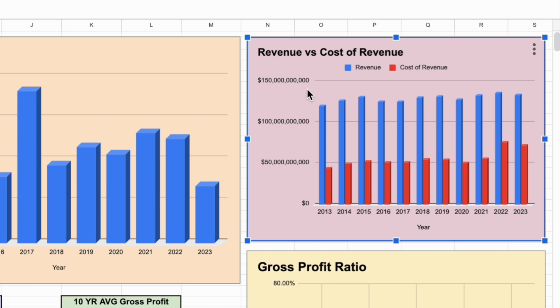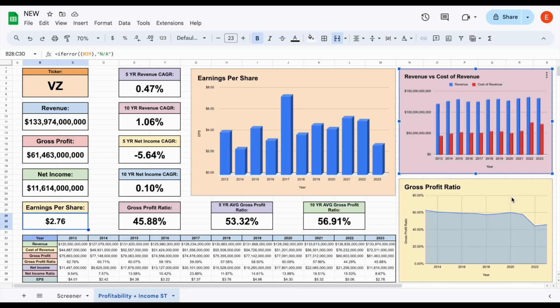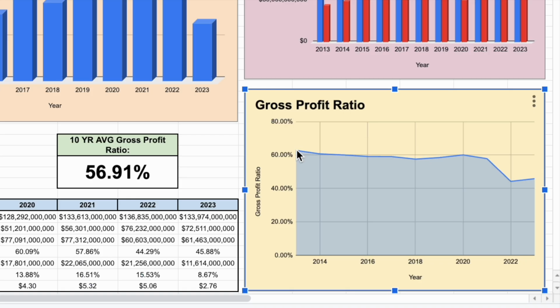So in the case of Verizon, we can see revenue's been kind of stagnant, but the cost of revenue has been slightly increasing during that same time period. Now, what's the end result of this? We can see the end result by looking at the gross profit ratio trends over the past decade. For example, in 2013, they had a gross profit ratio of around 62.76%, but we can see it was slowly trending downwards for about a 5-year time period.